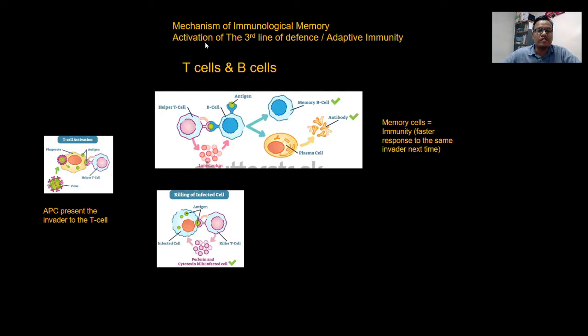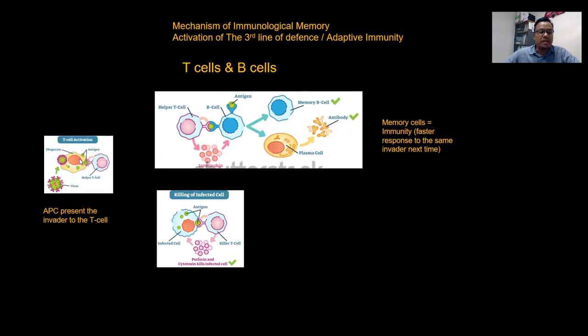We are talking about activation of the third line of defense, or adaptive immunity. This is where the invading pathogen is engulfed by the phagocytosis process by our phagocytes, and phagocytes are a type of antigen presenting cell. As their name suggests, they will present the antigen to the helper T cells.